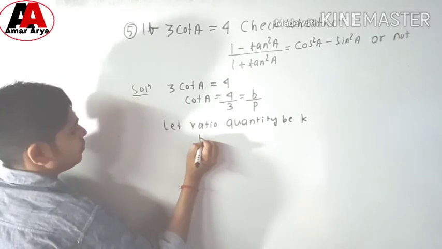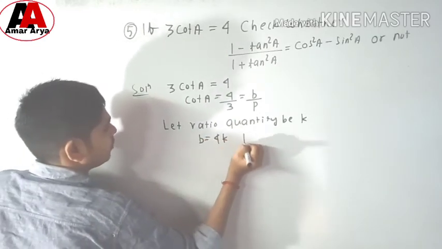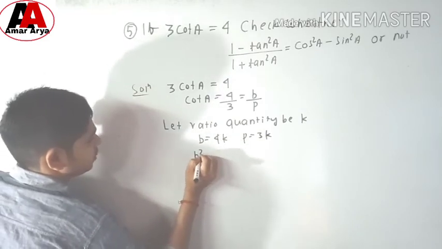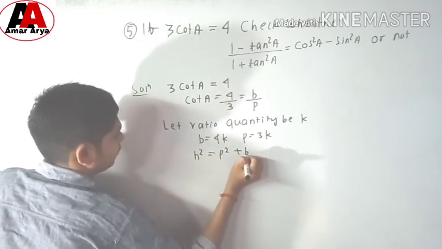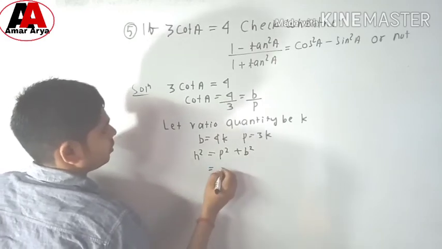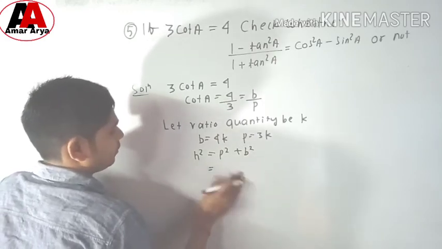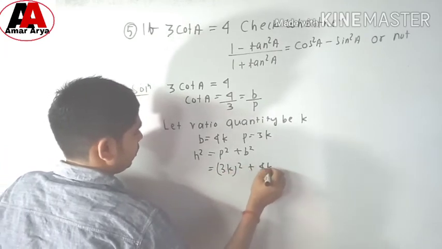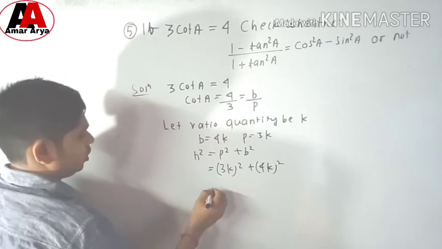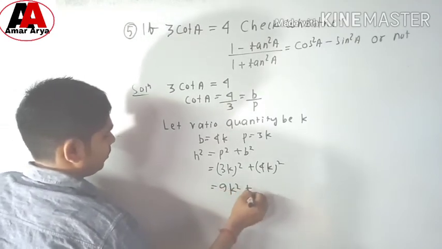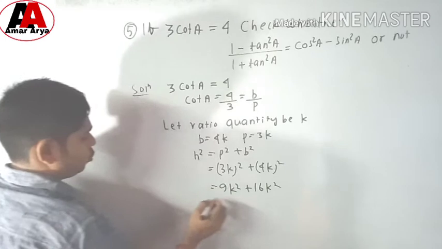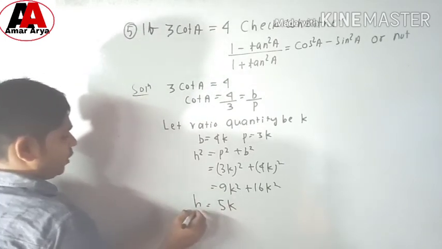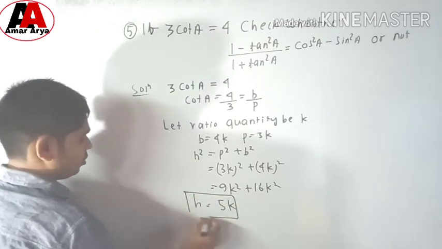So b equals 4k and p equals 3k. So the value of h: h square equals p square plus b square. So p square is (3k) square plus b square, that is (4k) square. So 9k square plus 16k square, so you will get 25k square, root is 5k. Okay, h equals 5k. This is the value of h.